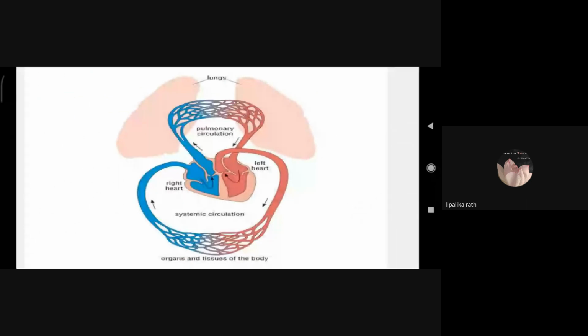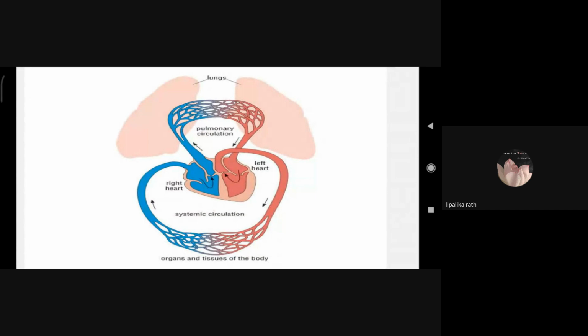how the circulation is happening from body. The systemic circulation from body, deoxygenated blood is coming to right atrium. It is coming to right ventricle, and then it is going to lungs.